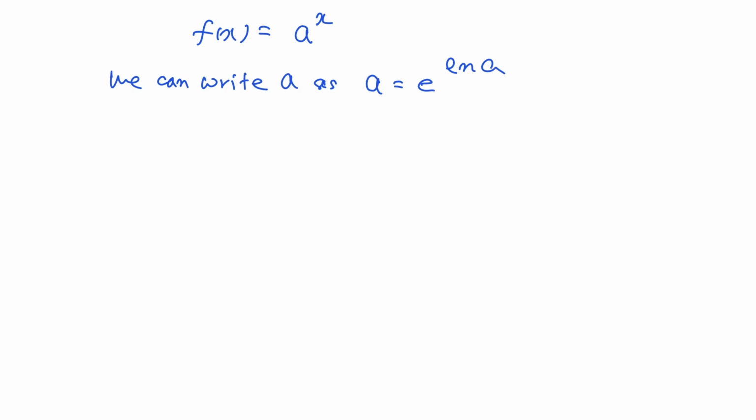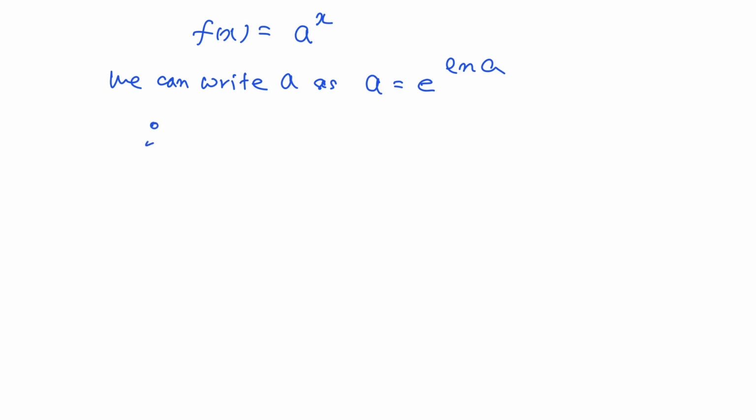Another example, when f(x) is given by a to the x, we can write down a as e to the ln a. You can prove this relation by taking the logarithm of a on both sides.